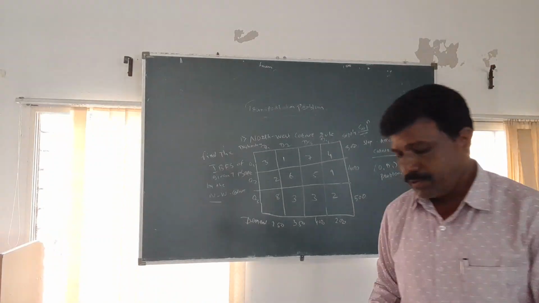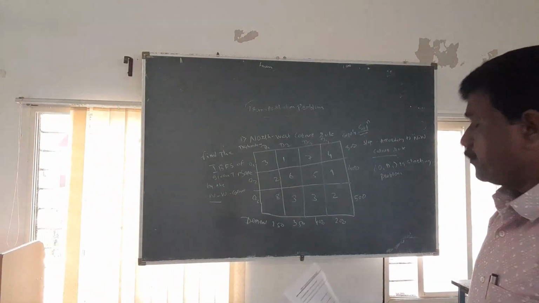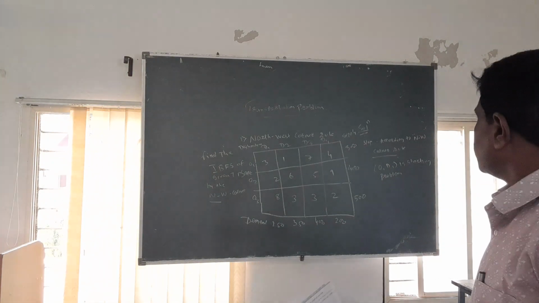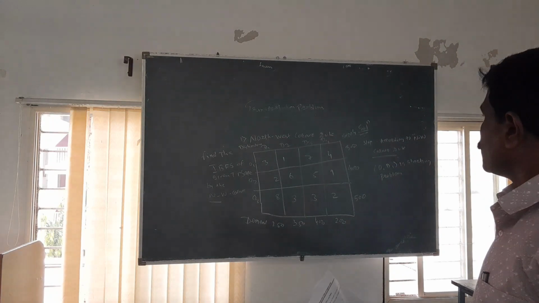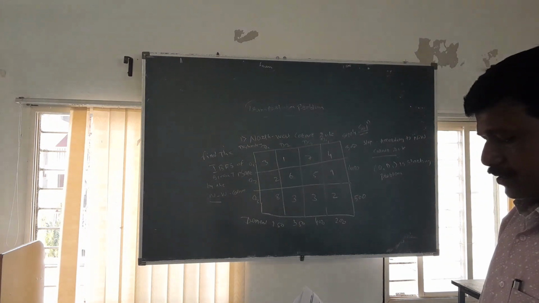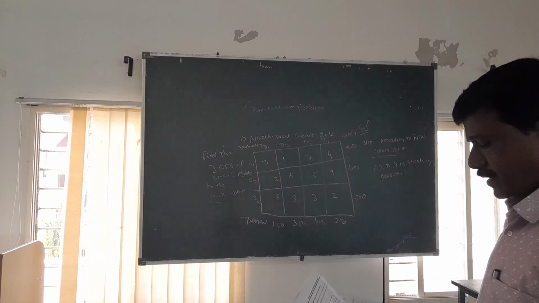Each value in the cell is considered as the transportation cost. Compare the demand of column D1 and the supply from source O1, and allocate the minimum of the two in cell O1 D1, as shown in the figure.